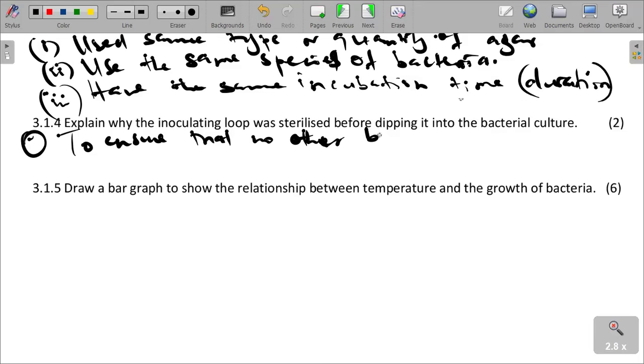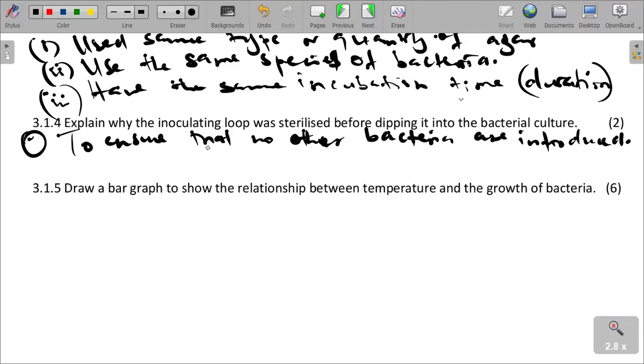No other bacteria are introduced. When you look into the agar, we want to ensure that the bacteria used in the investigation is the only one that affects the results.